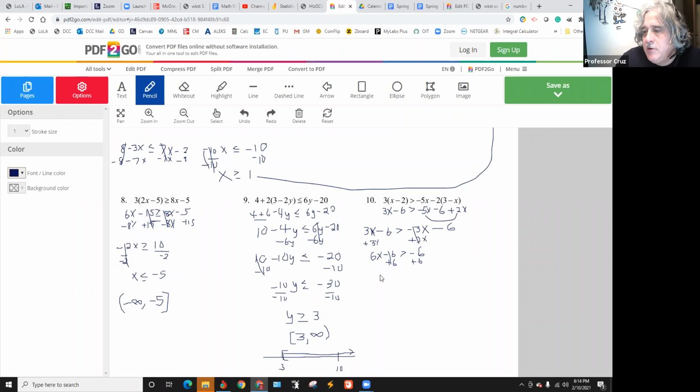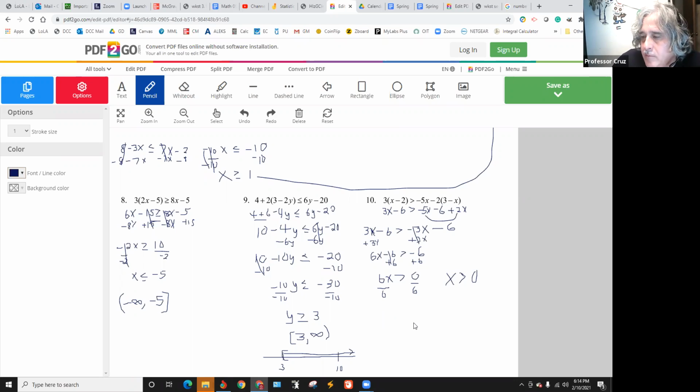So this is going to be 0. Now, if it's any number of x's, it doesn't matter if it's an equation or an inequality, when you divide by 0, you're going to get 0. So this is just x is greater than 0.